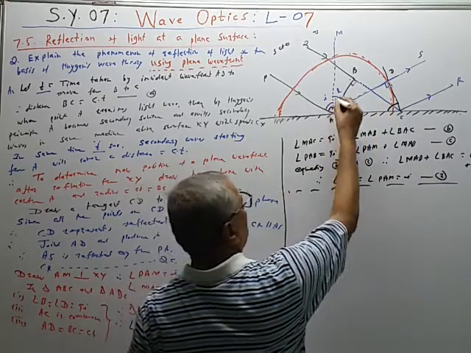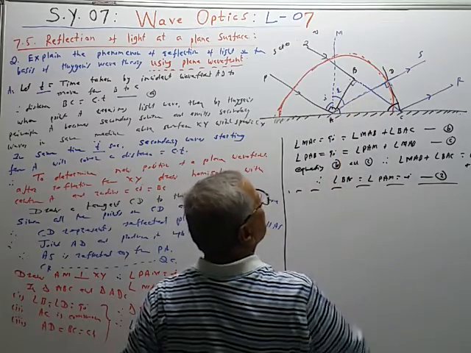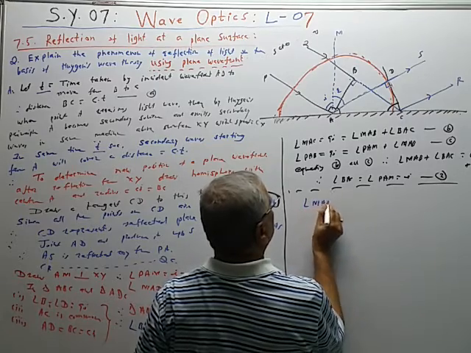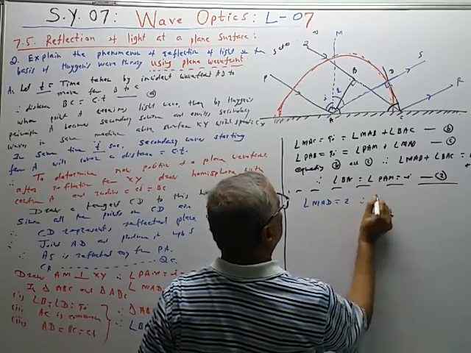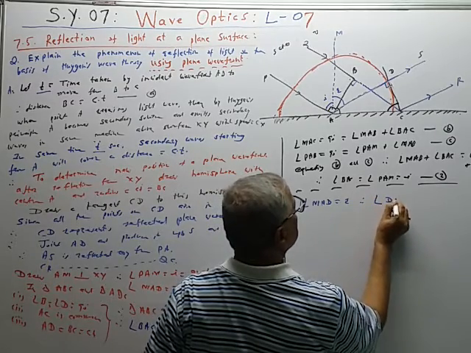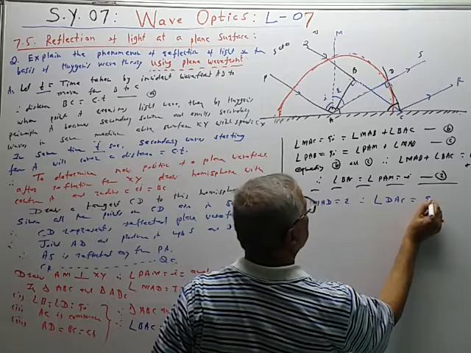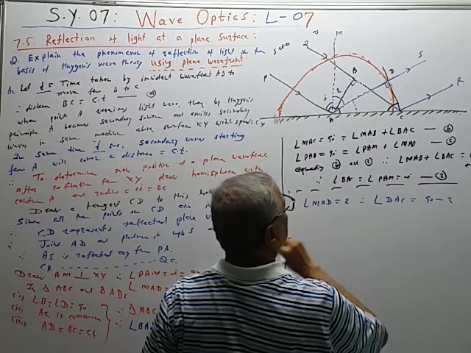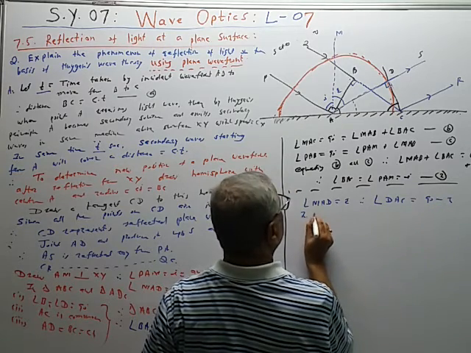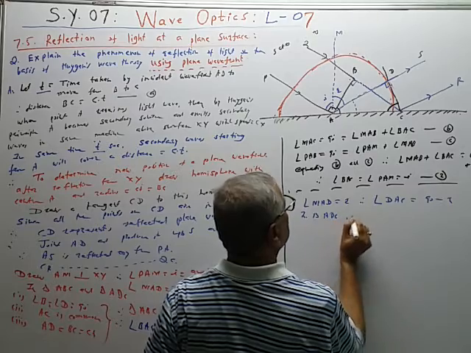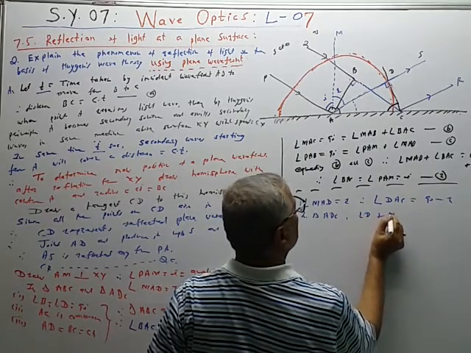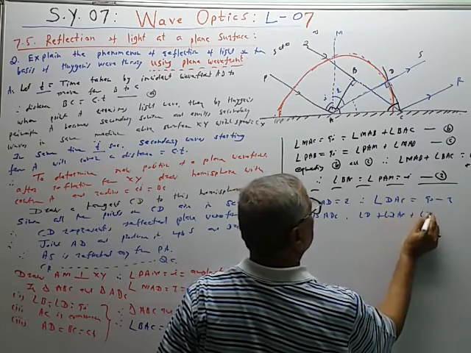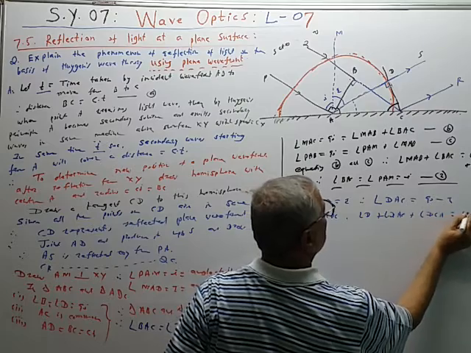So this angle is R, therefore this remaining angle is equal to 90 minus R. So angle MAD is equal to R, therefore angle DAC is equal to 90 minus R. In triangle ADC, angle D plus angle DAC plus angle DCA is equal to 180 degree.